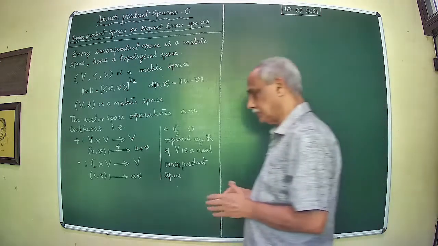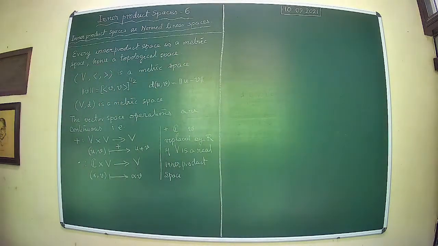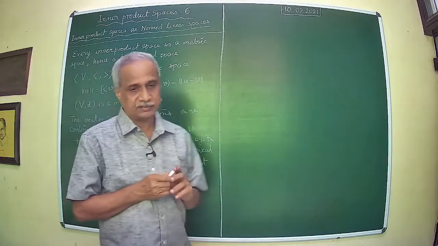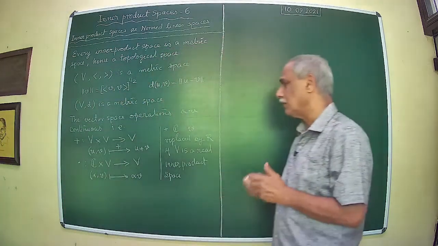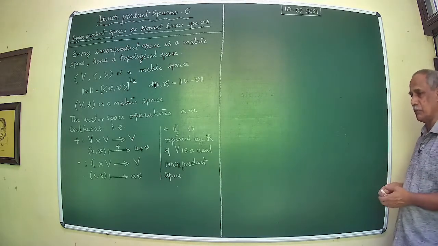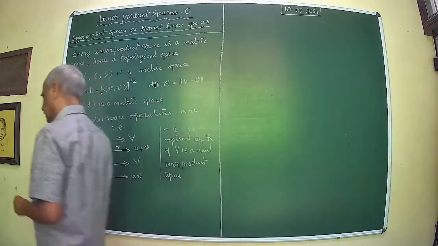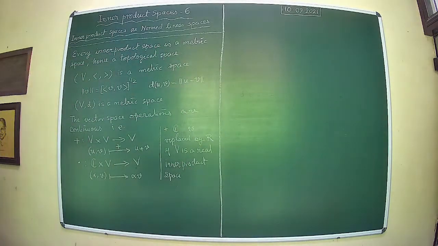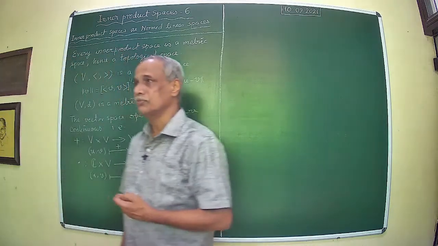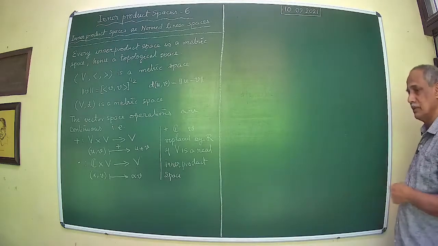For example, you have addition, you have scalar multiplication, and the moment you introduce an inner product, you are also saying what happens if you take the sum of two vectors and a scalar multiple of a vector, and how the new operation goes with it.